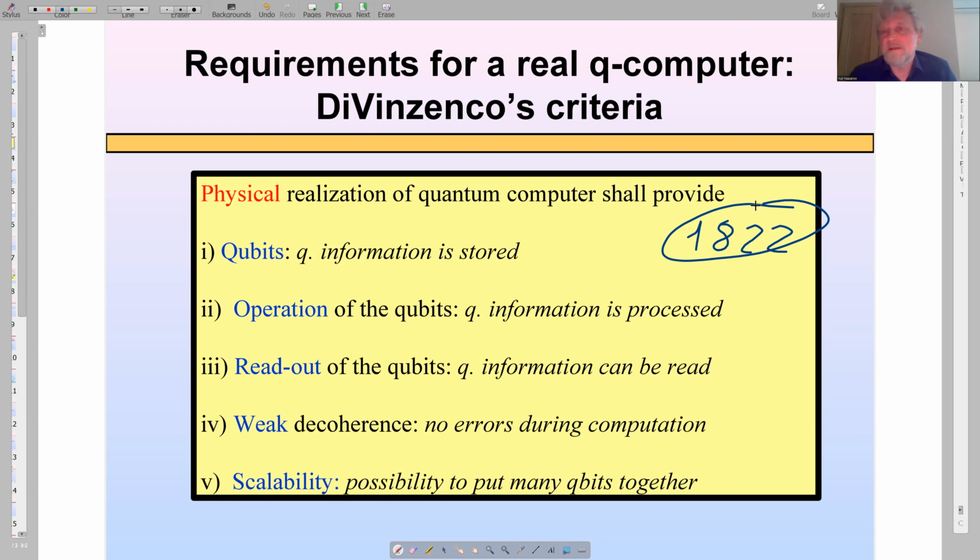But in practice, as we know, it took much more time to realize a practical classical computer, like it appeared somewhere about this year, but that was a large room full of electronics for a single computer, and it became readily available only 150 years after the discovery of Charles Babbage.